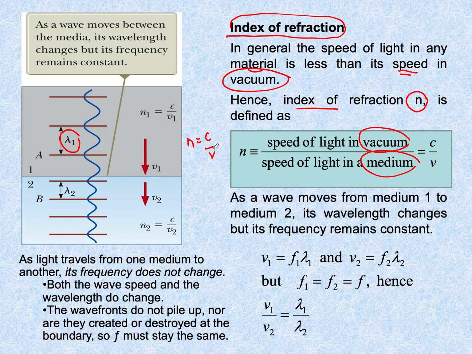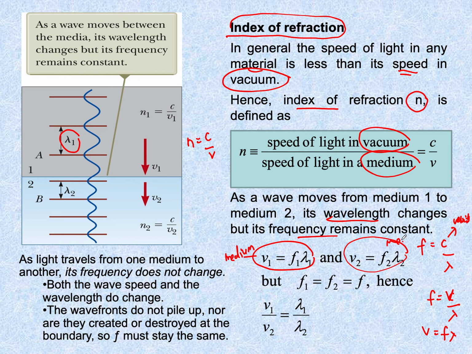As the wave moves from medium 1 to medium 2, the wavelength changes and the frequency remains constant. The formula comes from f equals c over lambda, where c is the velocity, so we can write f equals v over lambda, or v equals f lambda. This refers to medium 1 and this to medium 2.